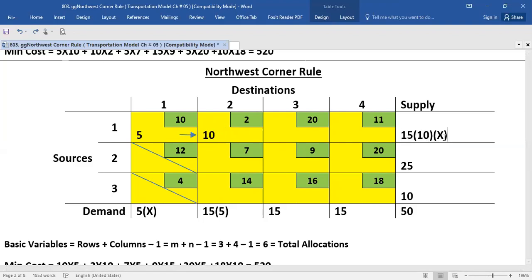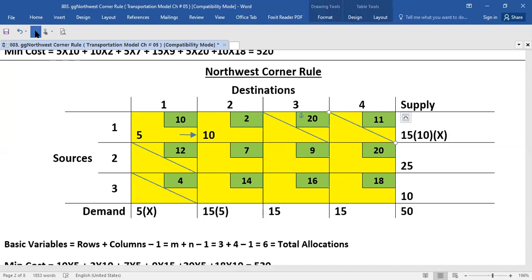As I have earlier told you, there were cross signs in my earlier lecture, but in this lecture you will put the line into the blank cell.